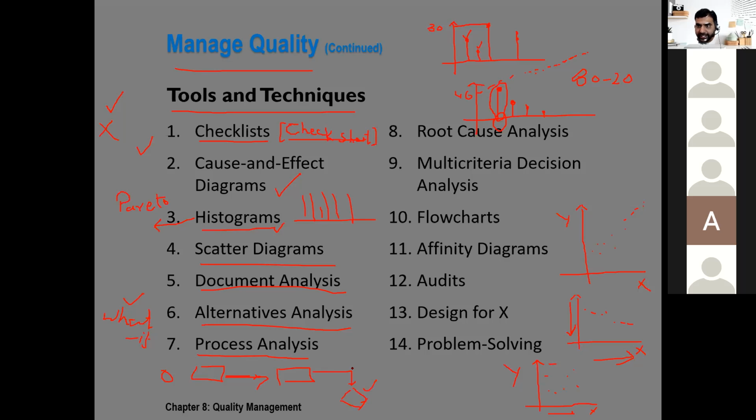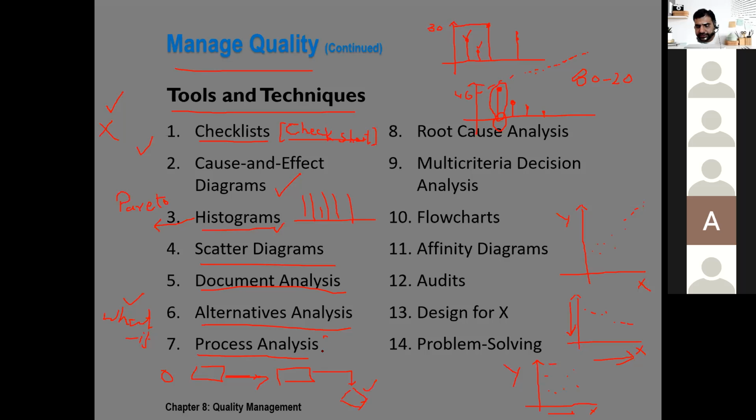How many handoffs are there within a process? How many different people are involved? What are their quality requirements and what are the quality issues? All those things basically come under process analysis.